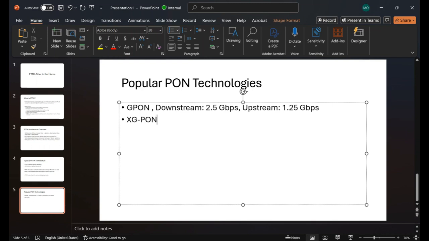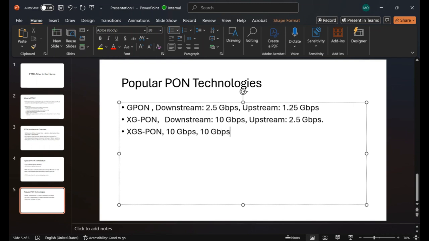XG-PON downstream. XGS-PON downstream of 10 Gbps and upstream of 10 Gbps.